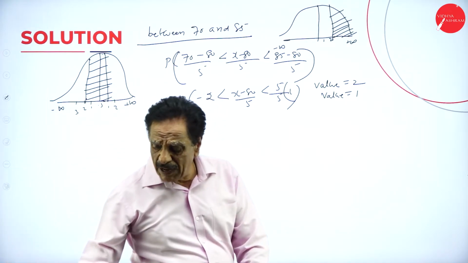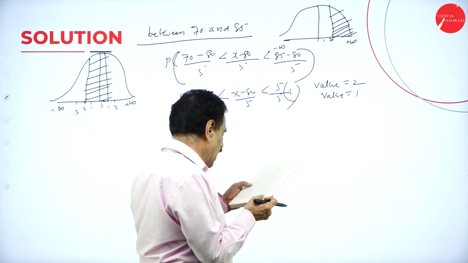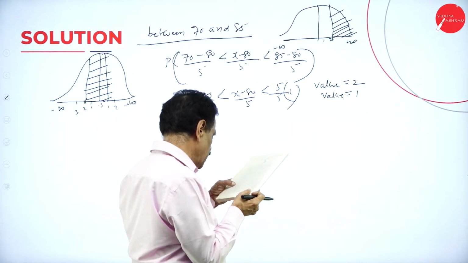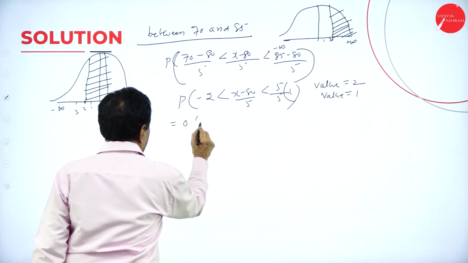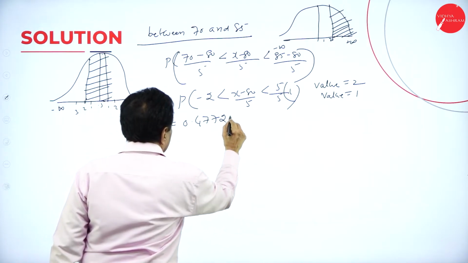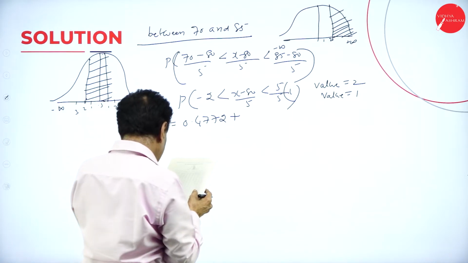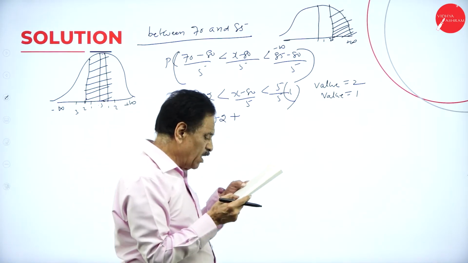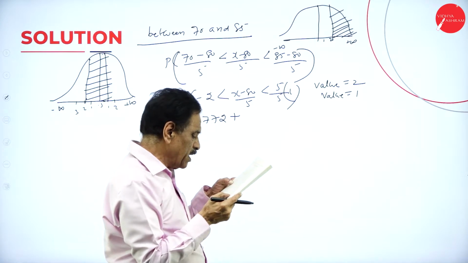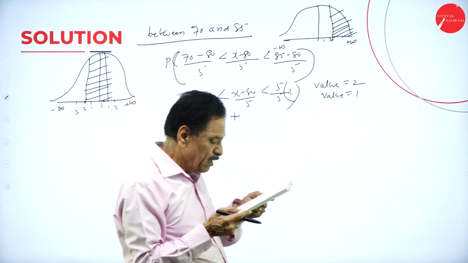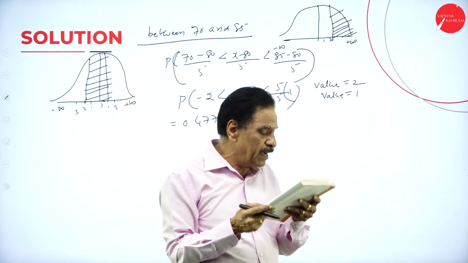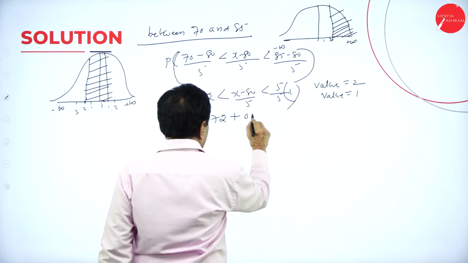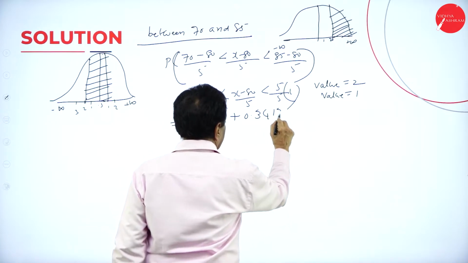What's the value of the 2? We already know that the value of the 2 is 0.4772, plus the value of 1. The value of 1 is 0.3413.